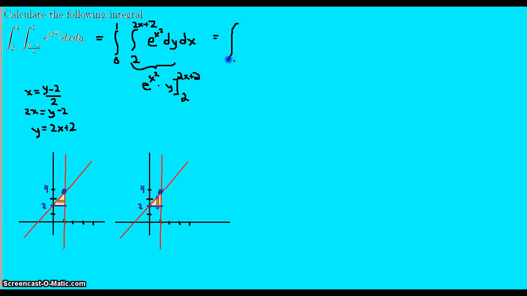So we're going to have the integral from 0 to 1 of (2x plus 2) times e to the x squared, watch this, conveniently, minus 2e to the x squared.